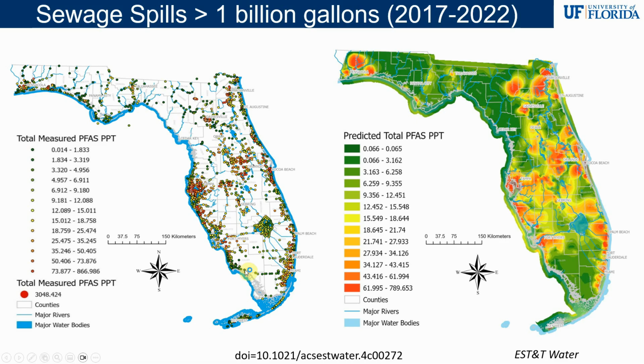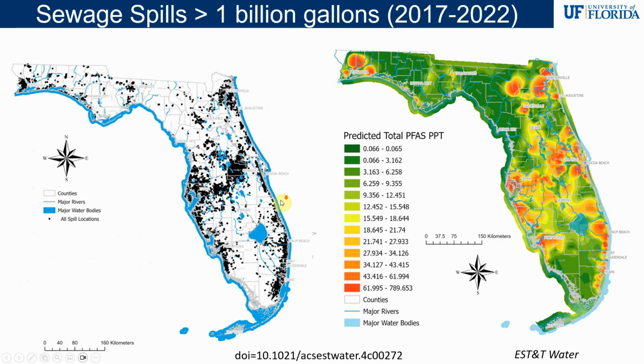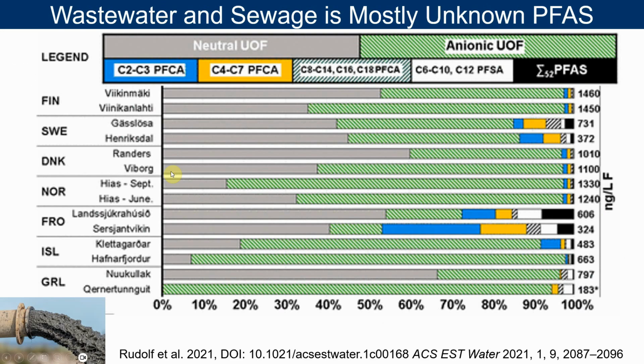I know sometimes digging breaks a line, so on and so forth. So there were a lot of spills. And if we look at some of these major spills, they actually correlate very closely to the PFAS concentrations. So while correlation isn't causation, this infers that at least in Florida, one of the major sources of PFAS in the environment is from these sewage spills.